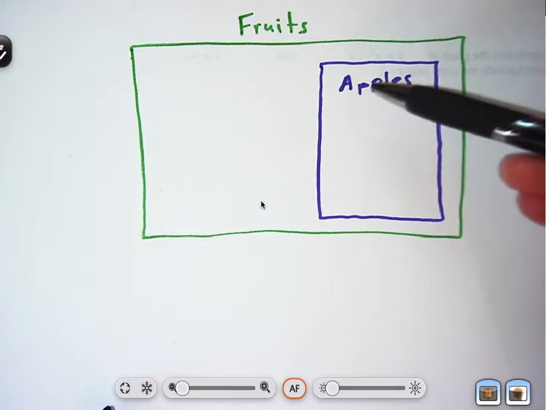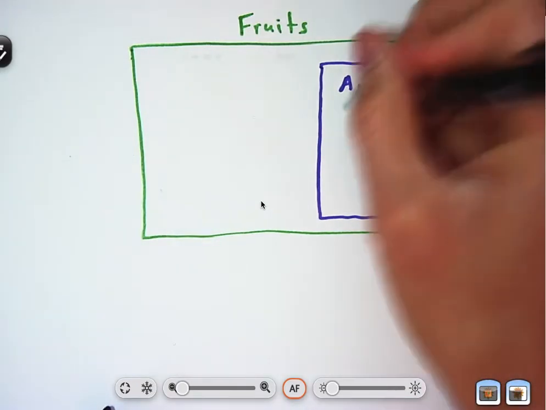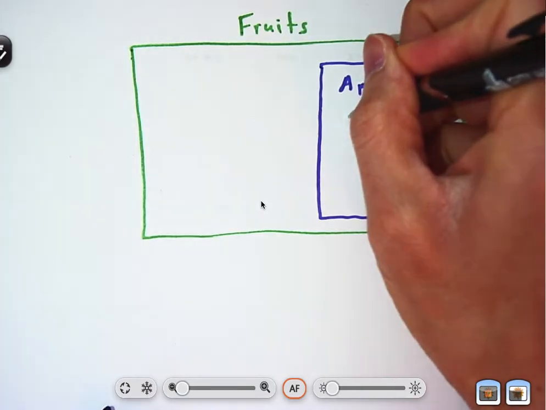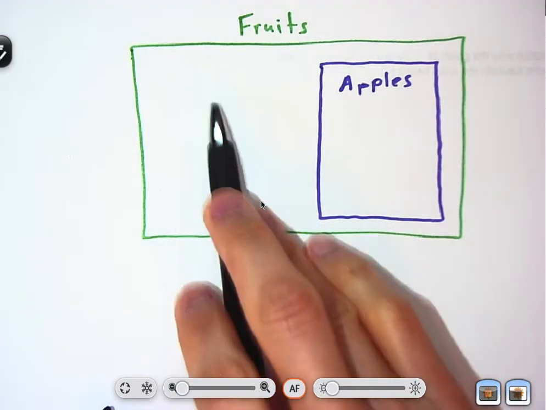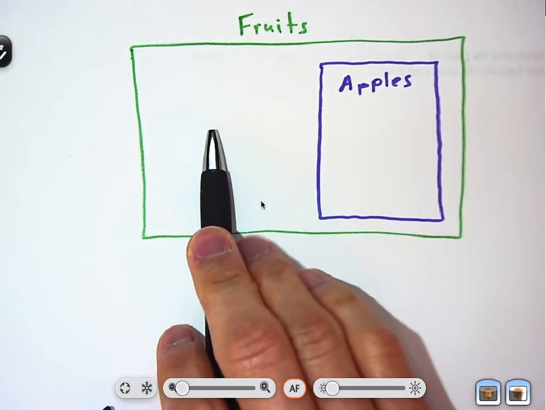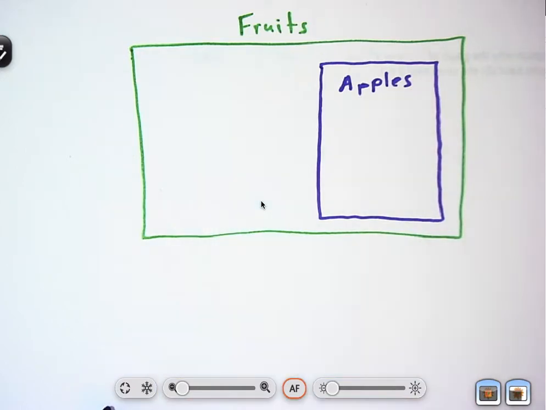So that's why the apple category is completely inside of the fruit category. So here, for example, we might have Fuji, but then over here, these are fruits that are not apples. So here it'd be your bananas, your oranges, things like that. Okay. So this is what a Venn diagram looks like where one thing is inside the other.